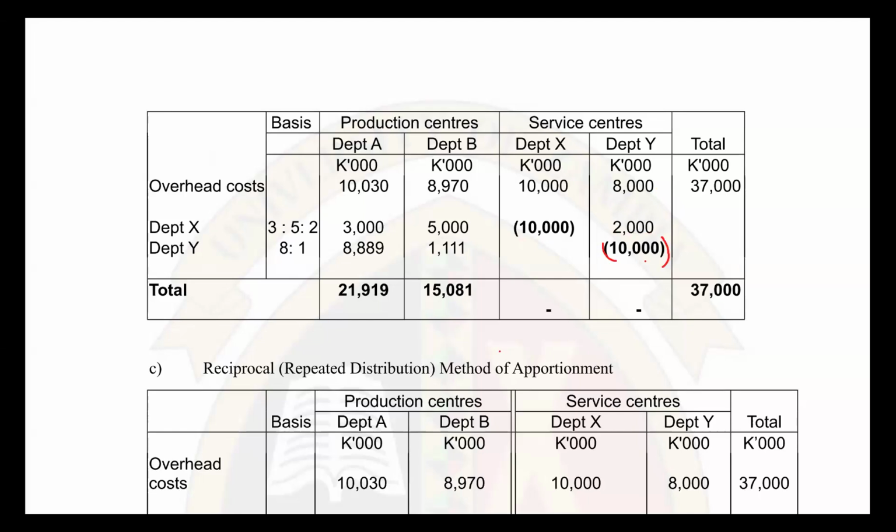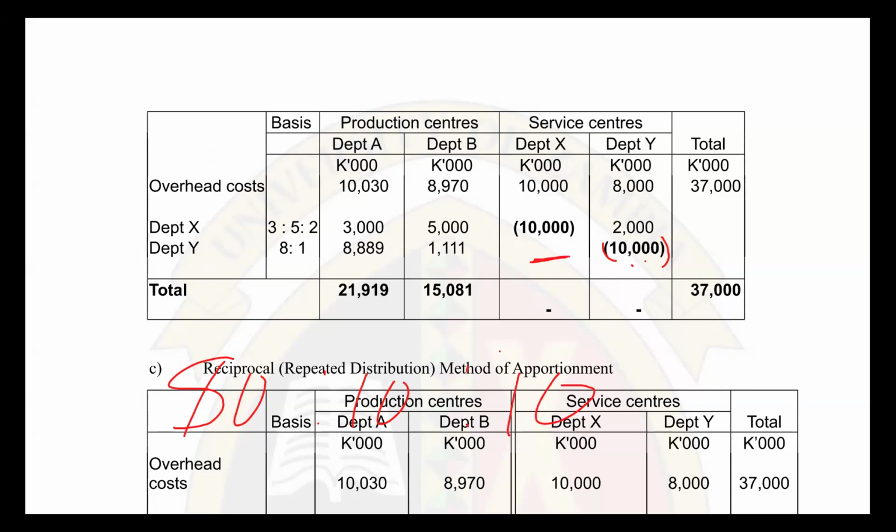We are given the basis of apportionment as 80%, 10%, 10% again, right? Now listen, we are not going to apportion anything to X. Why?